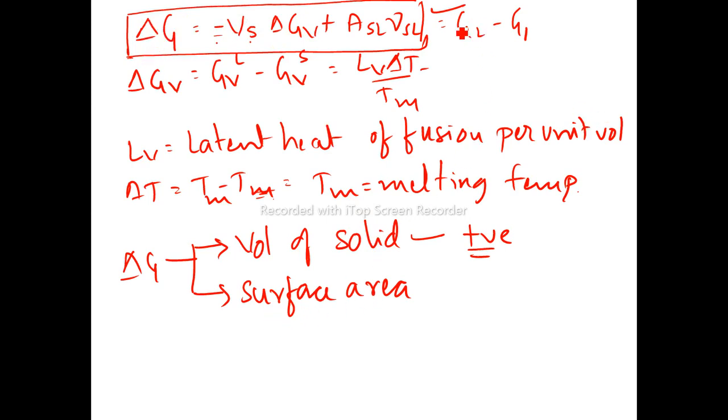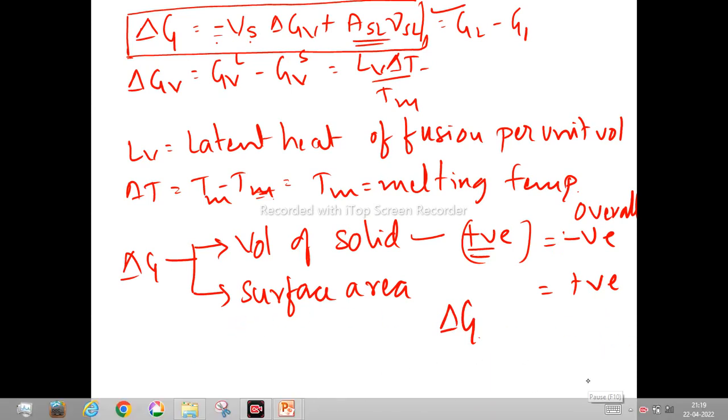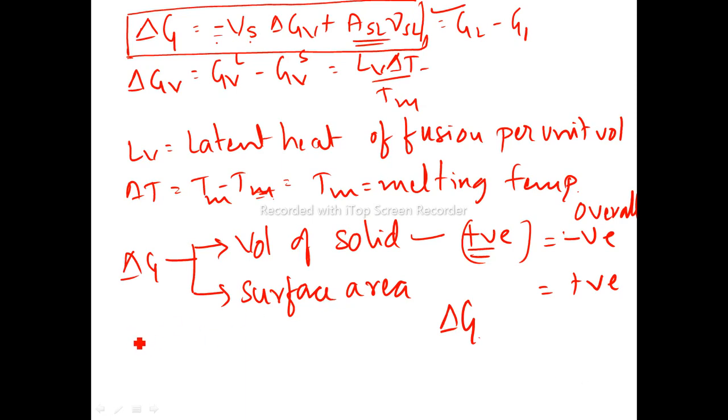When we consider the surface area, there is A into gamma, which has a positive effect on the change in the Gibbs free energy. So delta G has these two effects.